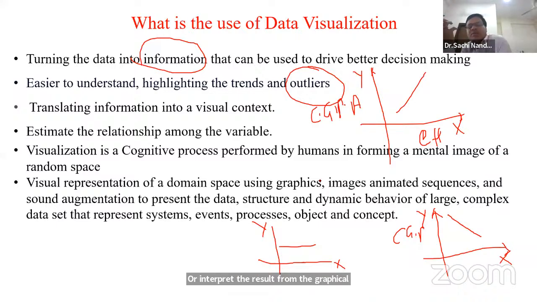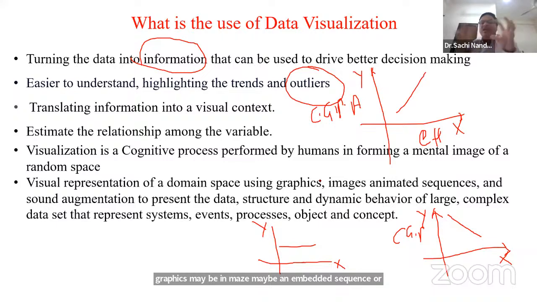So that is nothing but how you perceive from the data, how to analyze the data, and how much more information you can retrieve from the data. That is nothing but your cognitive process. Any visual representation, the domain space may be graphics, maybe an image, maybe an animated sequence, or maybe some video clips, or maybe a sound augmentation in the kind of presented data.